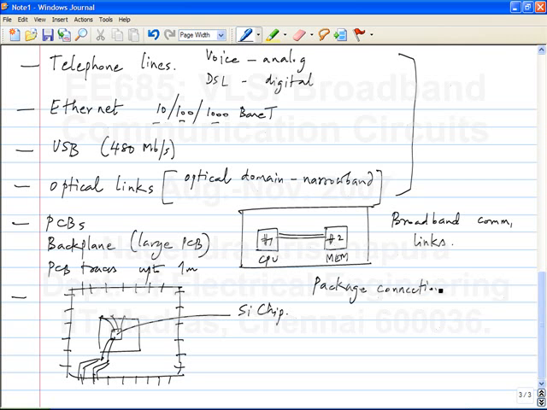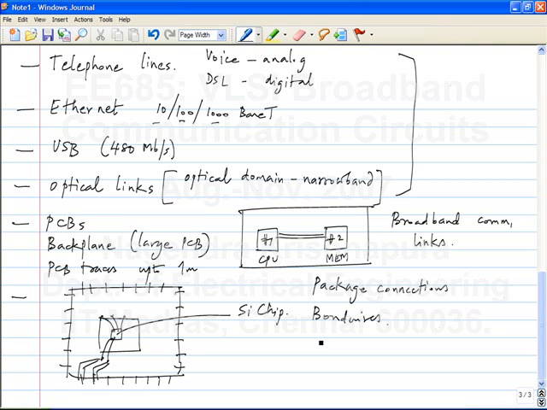You have the connections on the package and bond wires, and if you have to transmit digital data across these, again you will encounter the same problems as you do in any other case, okay? So even that falls under, in some way, broadband communications.